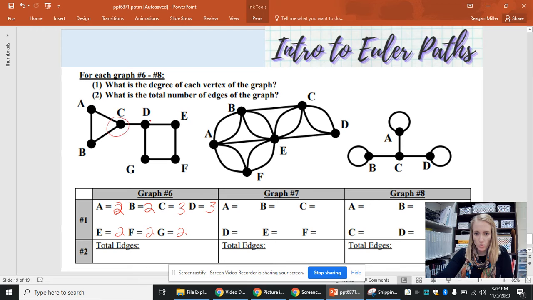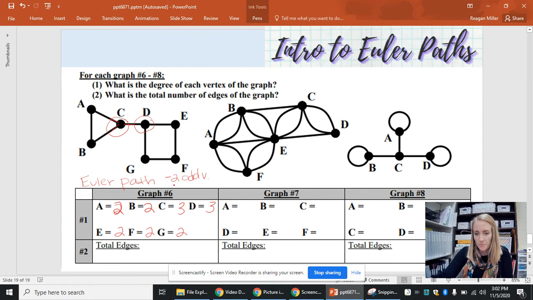So I'm going to circle those, C and D. If we have two odd vertices and the rest are even, then you technically have what we are going to call an Euler path. Okay, so it has two odd vertices.